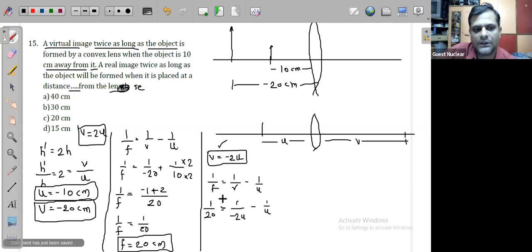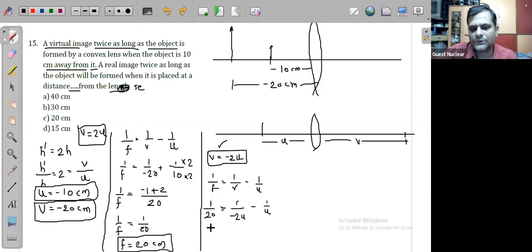Don't take the u from the first part, because we have to find the distance now, the object distance. So don't substitute the value of u here. u is to be found out. The only thing given is that the real image is formed twice as long as the object. This gives us the equation, and we will use it.